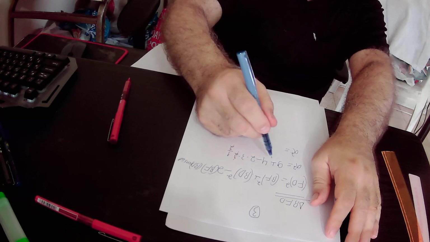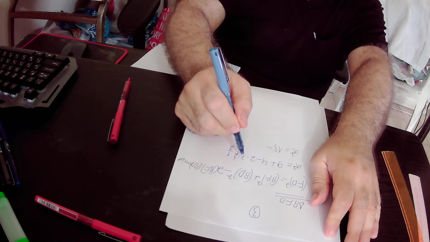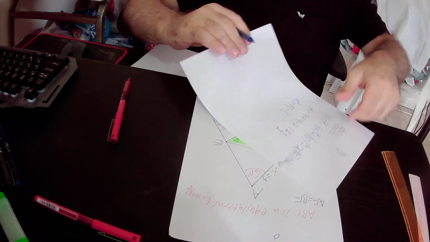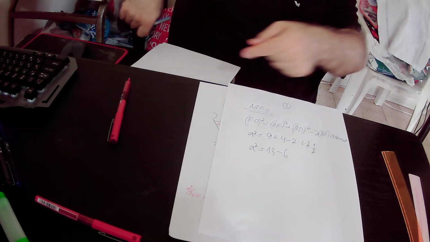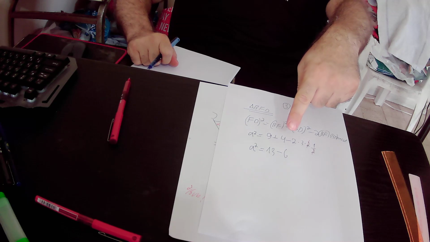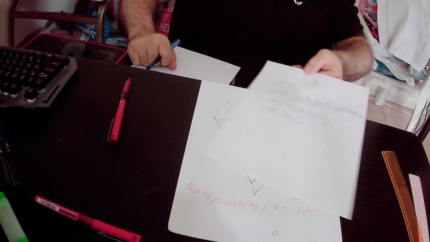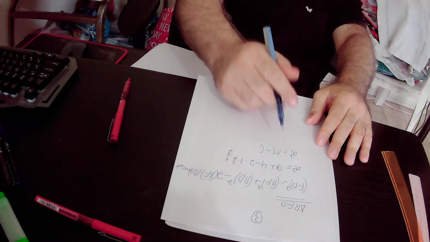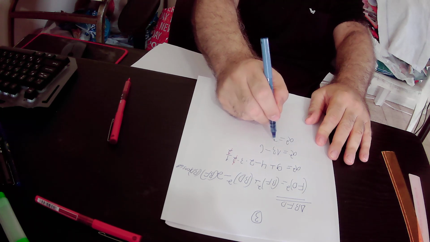So in total we got that A square equals 13 minus 6. Okay, 13 minus 6 is 7. So we got that A square equals 7.